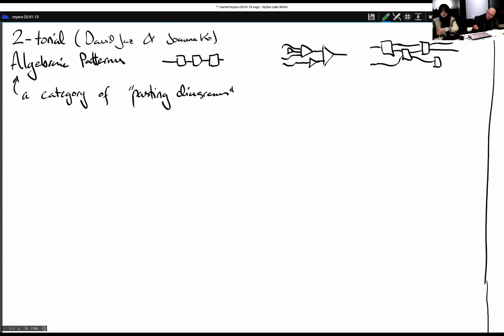The left-hand side here is an example of a pasting diagram for categories.